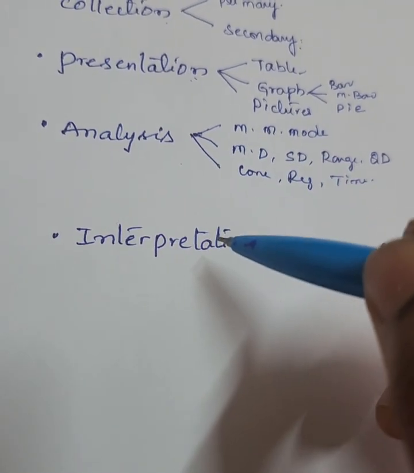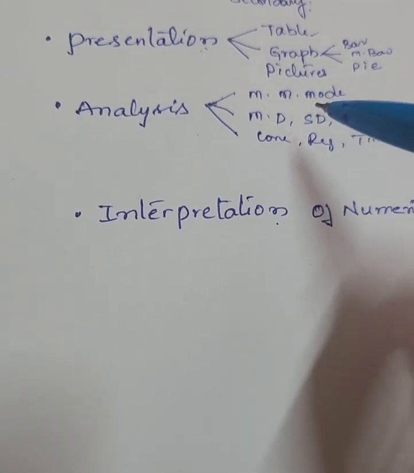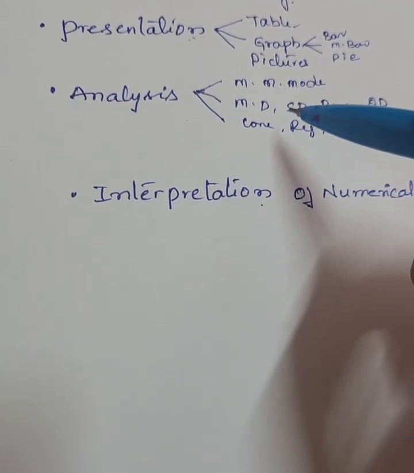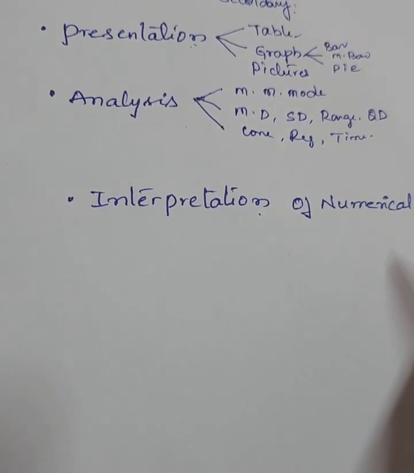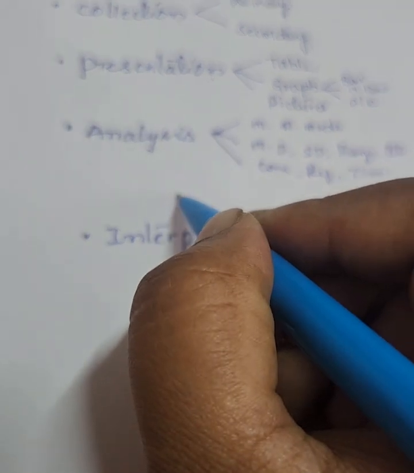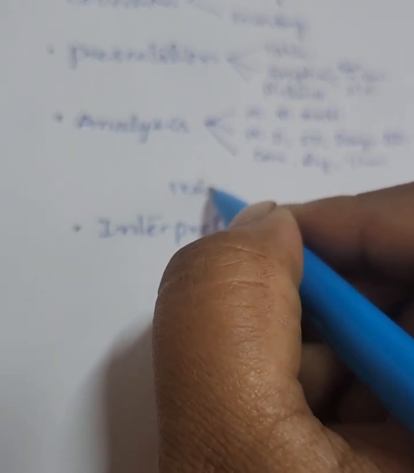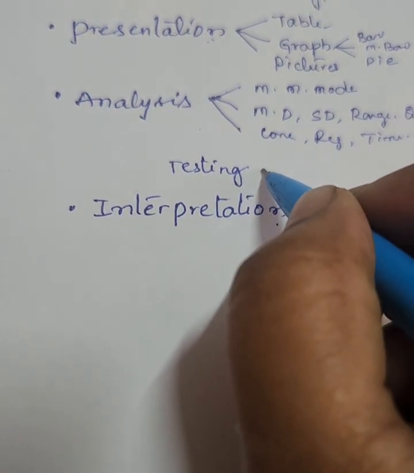And the next step is interpreting the results. After analyzing the data, we will get some results. So interpret those results in a statistical language. Before interpreting the result, there is one step, that is testing of the results. So before interpreting the results, we need to test the results.